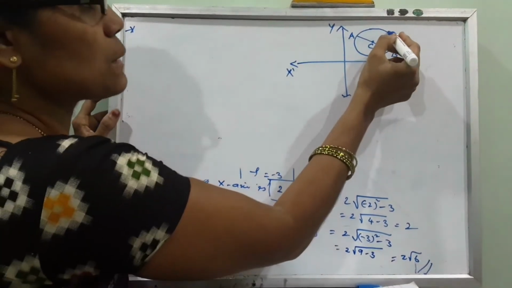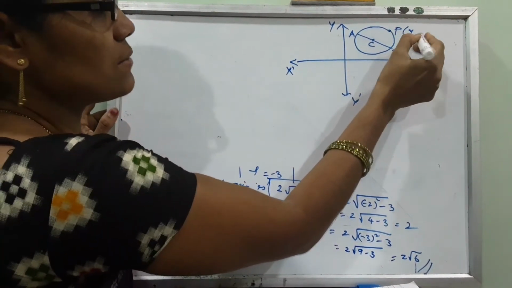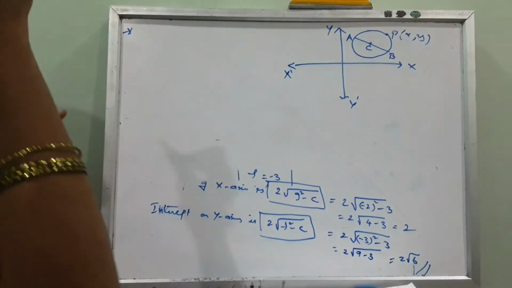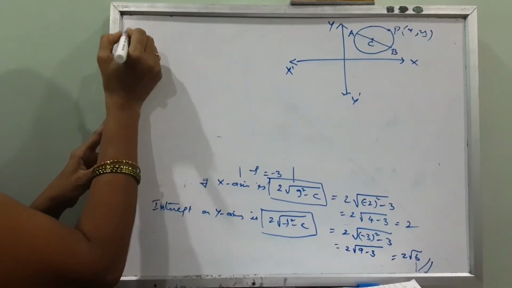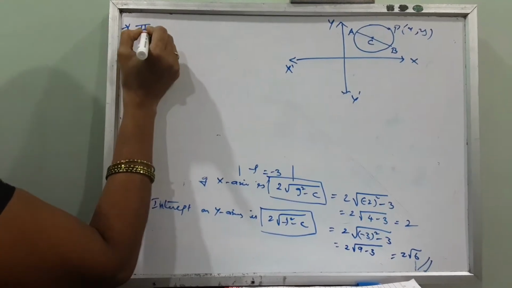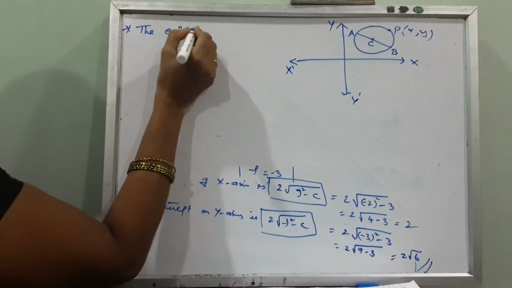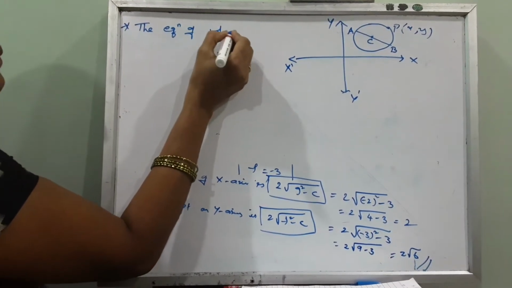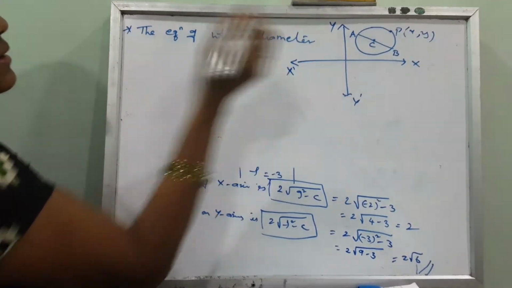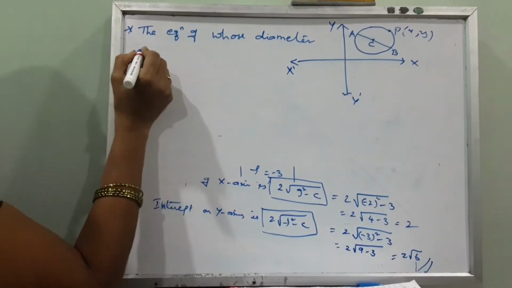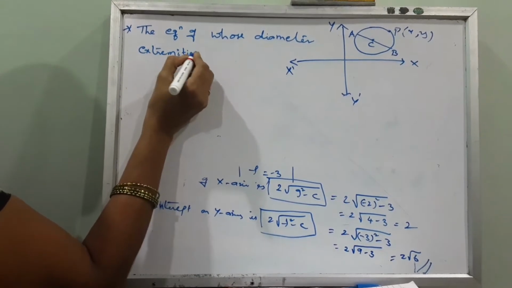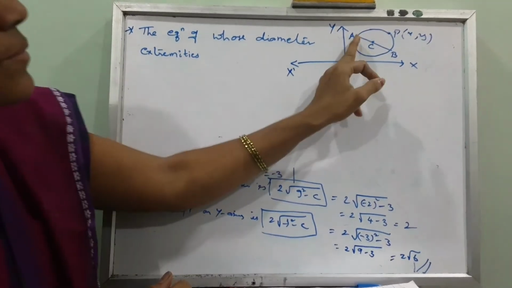Let P be any point on the circle. Now the equation of a circle whose diameter extremities are, what are extremities here?